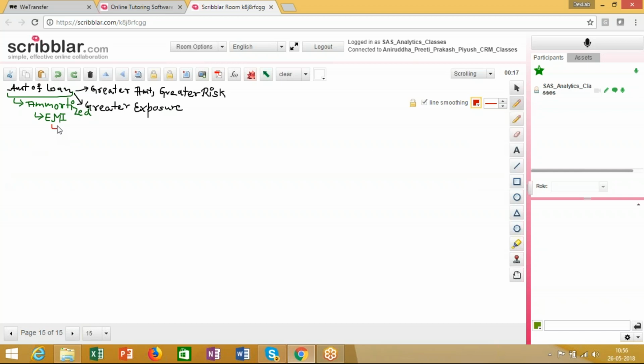That is, the higher the percentage of EMI in the disposable income, the higher the chances of default.